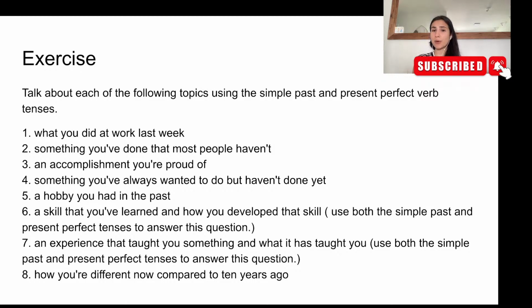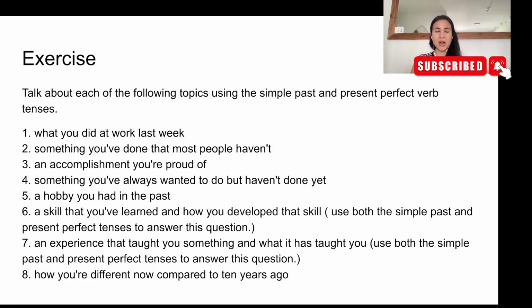I would use the present perfect, and I'm going to show you how. I would say this: I have worked on my communication skills in the last 10 years and I have improved this skill. Okay, so talking about something that I started in the past but it's still present.